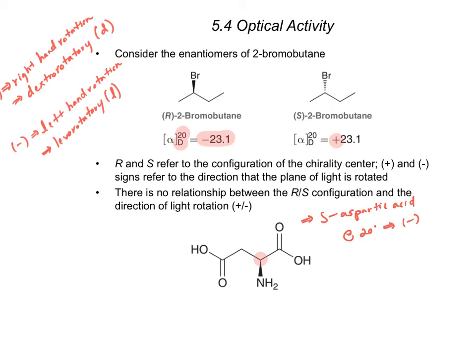Same exact molecule, if you heat it up to 100 degrees Celsius, it rotates the light to the right. So even for the same molecule, you can get different angles with respect to rotation depending on the temperature. Okay, so there is no absolute S/R, D/L, it's all experimentally determined.